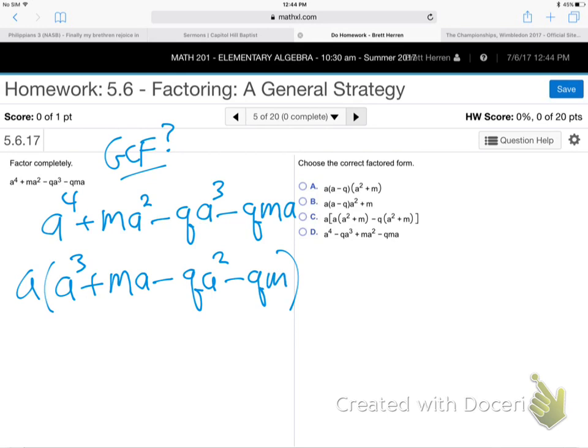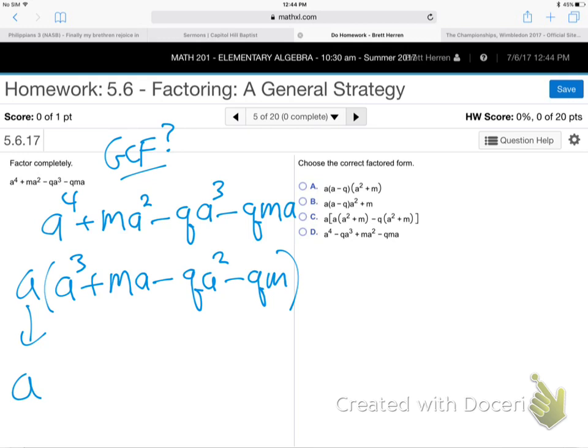Everybody with me on that? Does that make sense? See how I took an A away from each of them? Now, that A that's in the front will be there to the bitter end. He'll be part of the final answer.